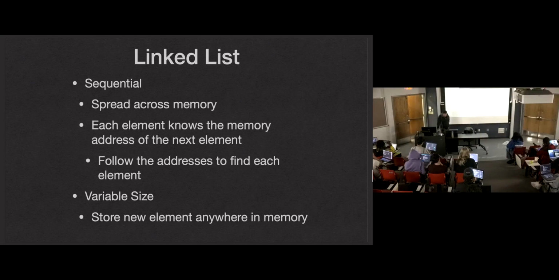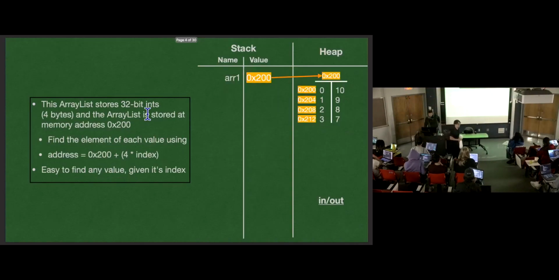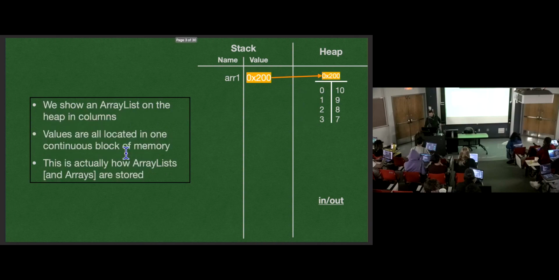Do we have to count up by 4? We're counting up by 4 in that previous example specifically because these were ints, and ints in Java are 32-bit. So if this were an array list of doubles, which are 64-bit in Java, then we would count up by 8s. It's the size of the value in general.